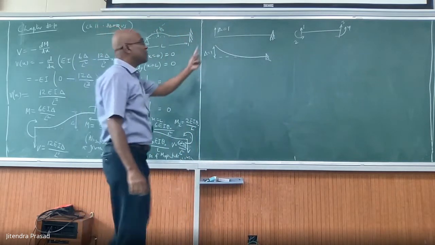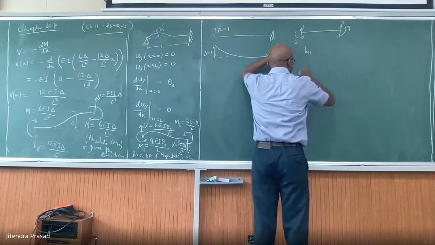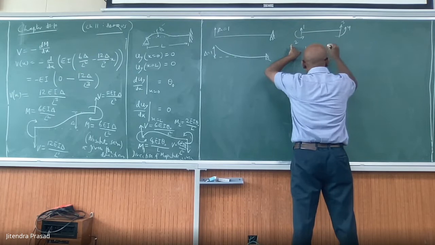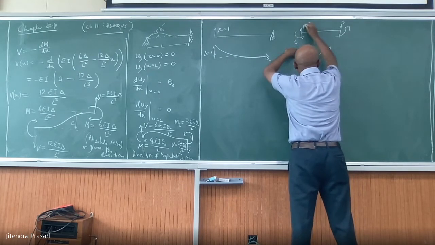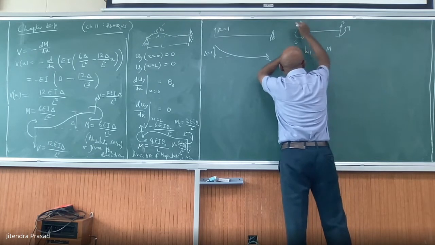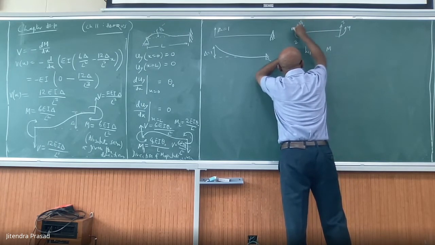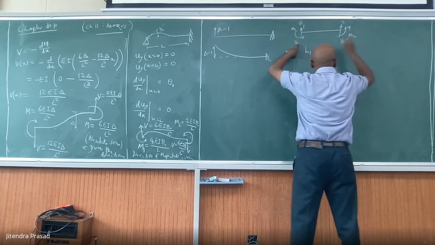You have 4 degrees of freedom. So basically, if you have to find out K11, what will you do? Then it will be M. So let's call it M1. This is V1, M1, V2, M2.